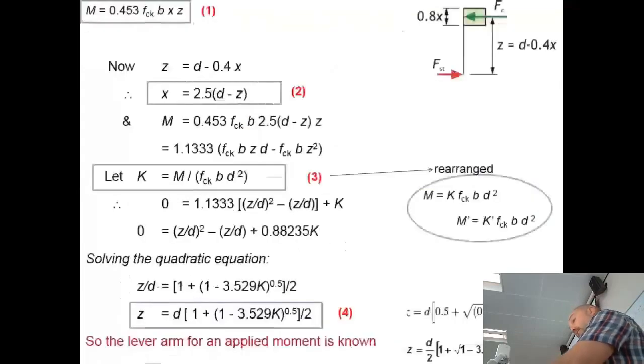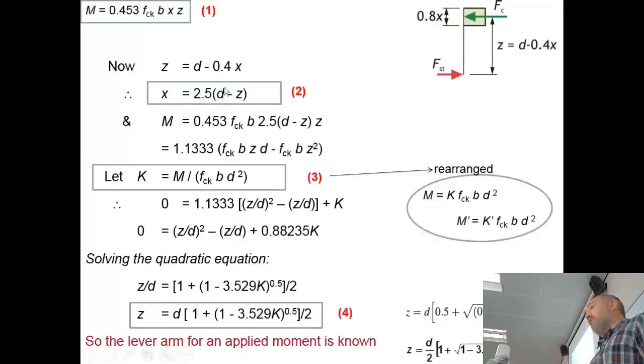Taking that bottom equation 1 formula forward, what we can do is start playing around with the formula. We rearrange the z to get a value of x. You'll find that you'll need the value of x within your steps.